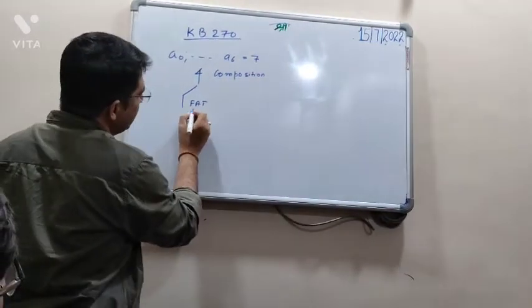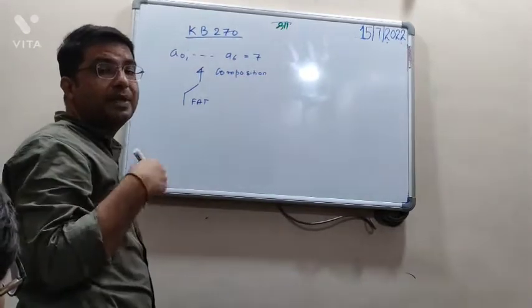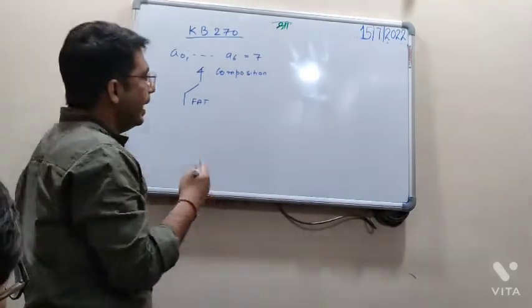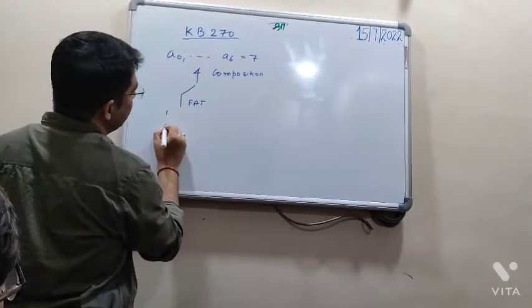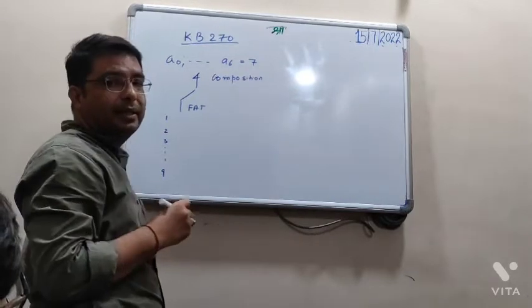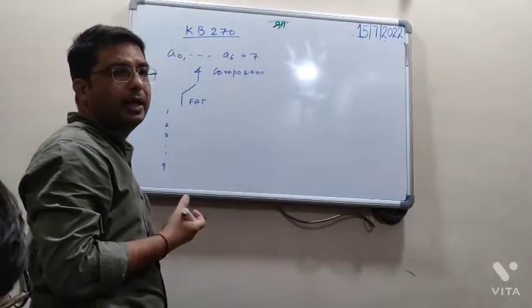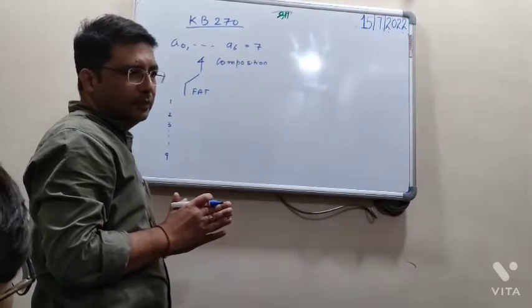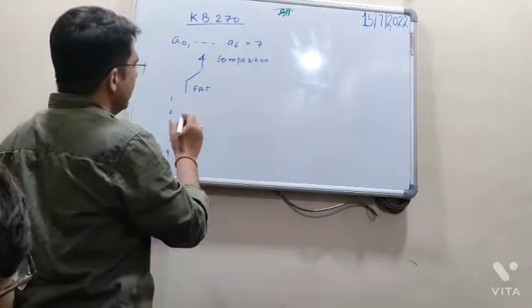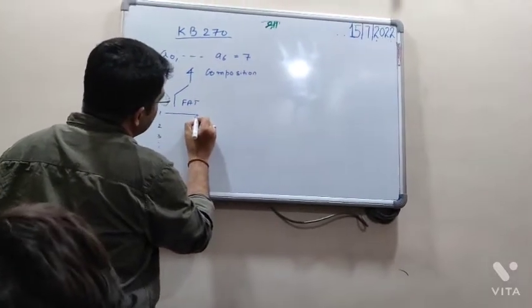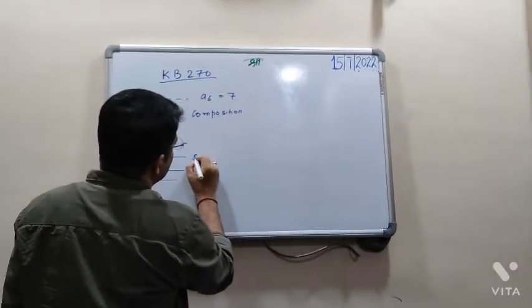In this composition, you require a minimum of how many samples to be tested? 9 samples are required to be tested, right? Then it can do a calibration on the machine. Agree?